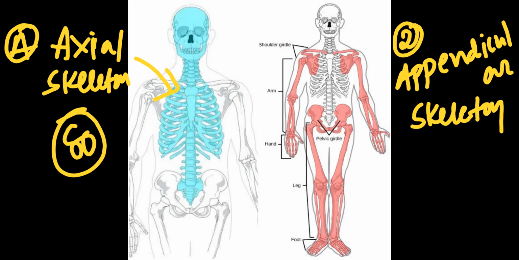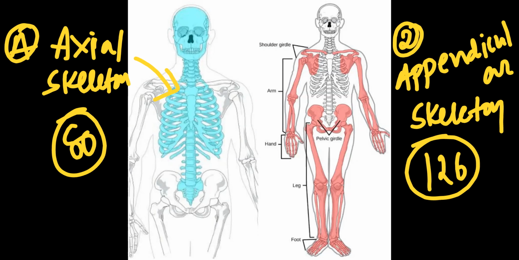Nearly 80 bones constitute one section of our endoskeleton, the axial skeleton, and 126 bones constitute the second section, the appendicular skeleton. Together that makes 206 bones as the endoskeleton bones in an adult human body.